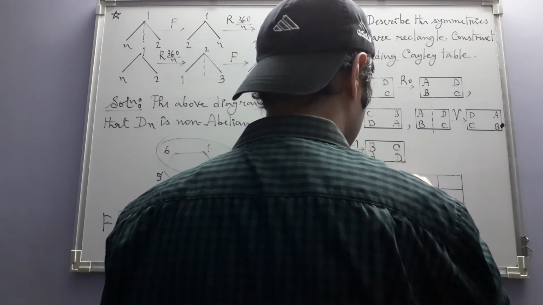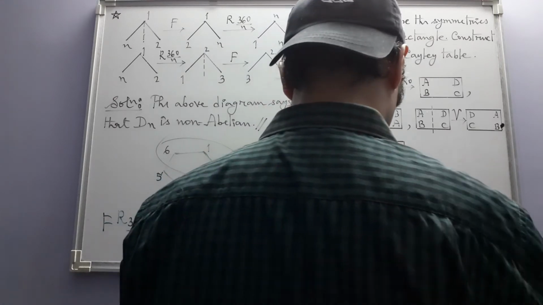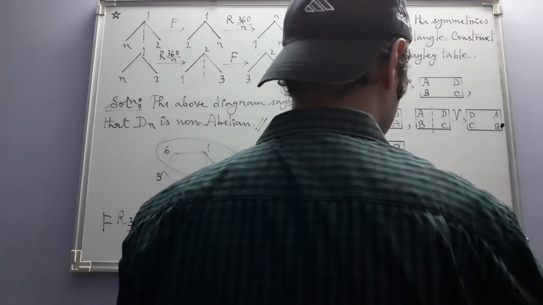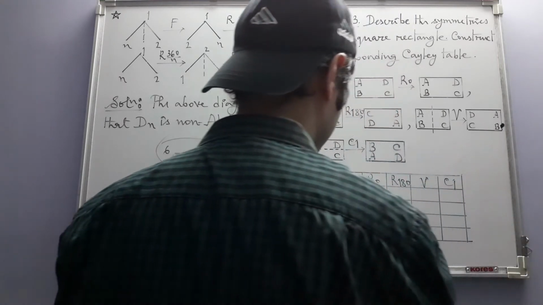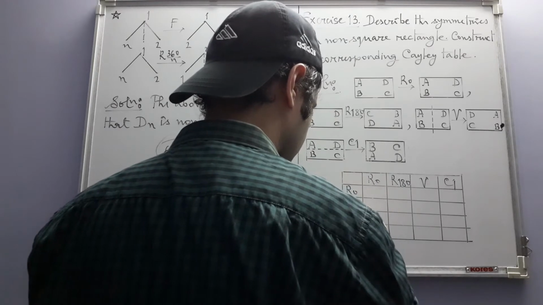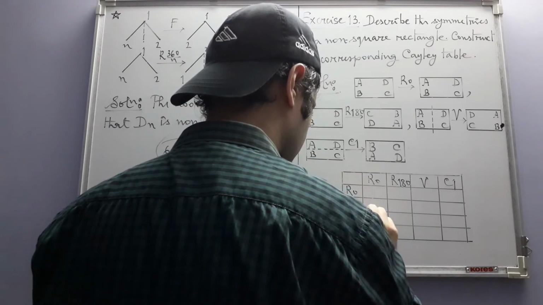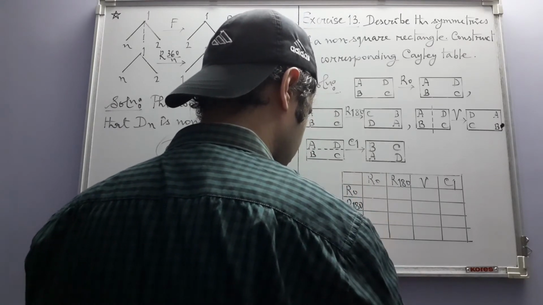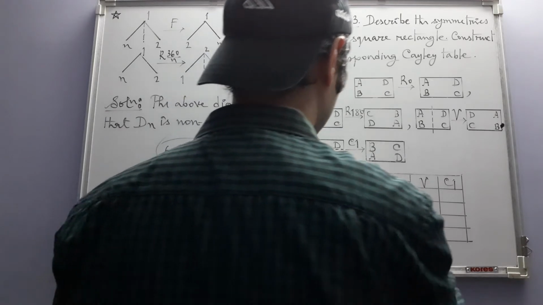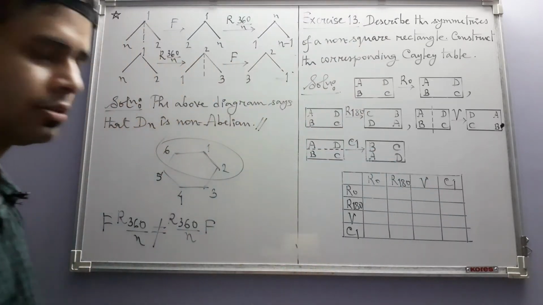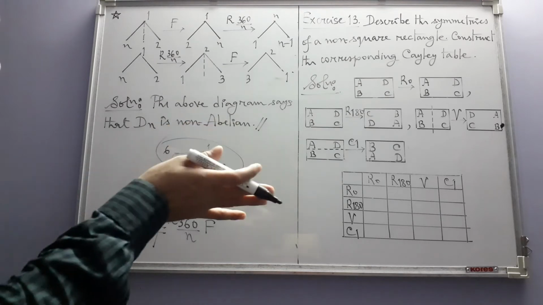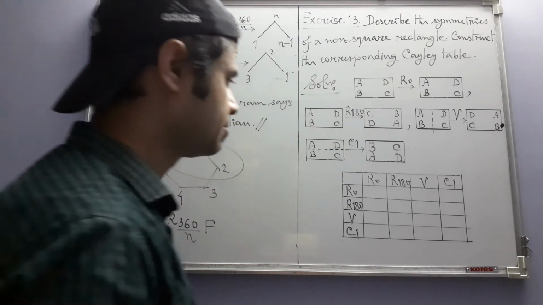R0, R180, then V and C1. Here in place of C1 you can also write H, which will represent a horizontal flip.